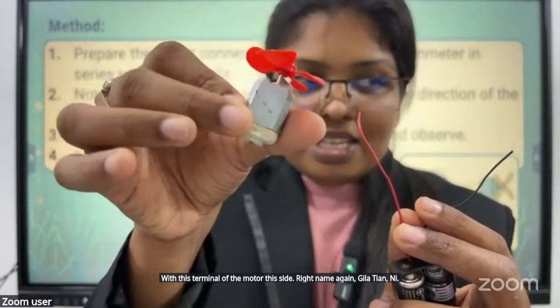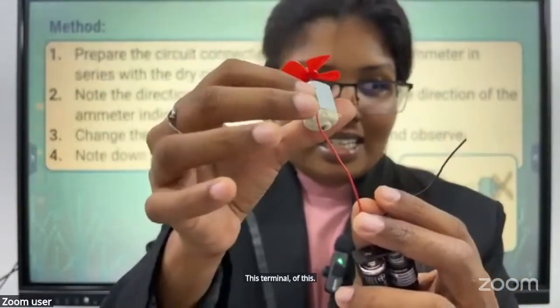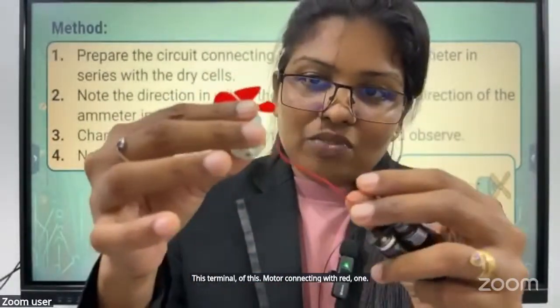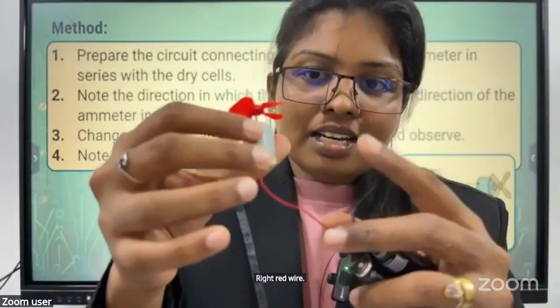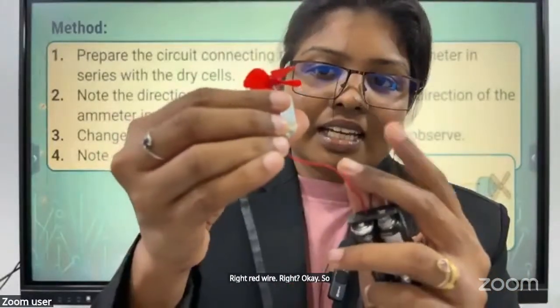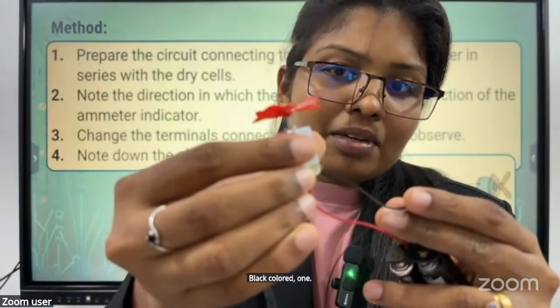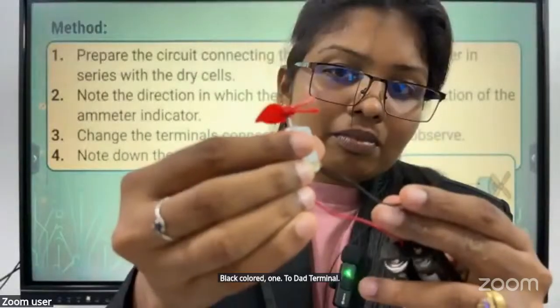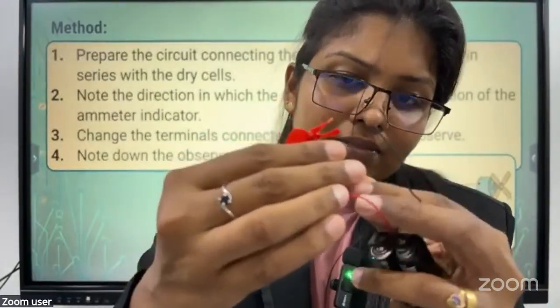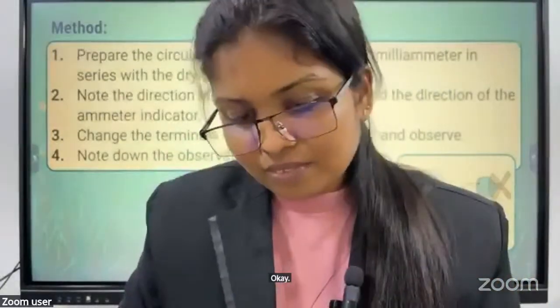This terminal of the motor is connected with the red one, right? Red wire, right? Okay, then I am connecting the black colored one to the other terminal. Okay. Give me a second.